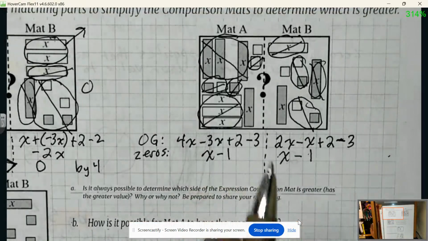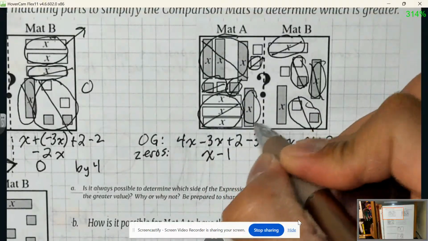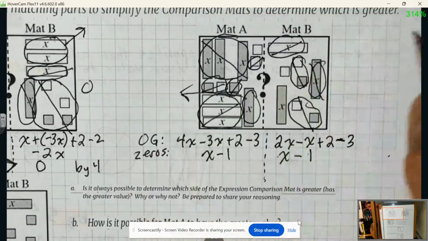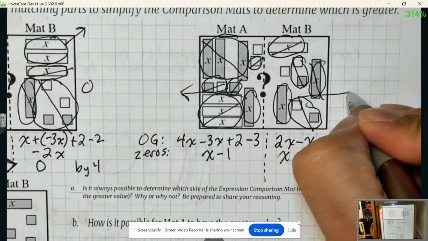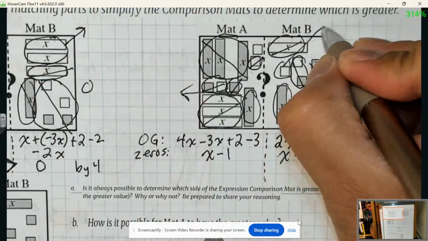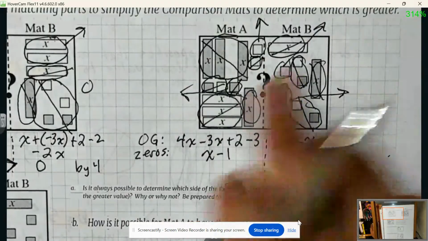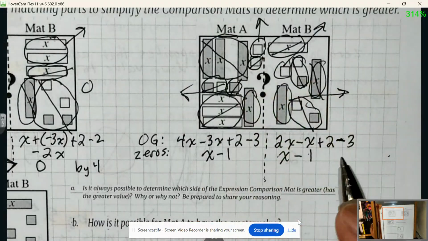But we still have a legal move that we can do, just in case it might not be as obvious. We can still remove that x, and we can still remove this 1, which kind of leaves nothing on either mat.